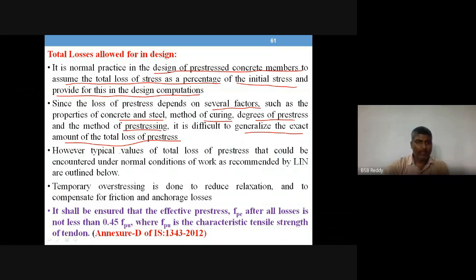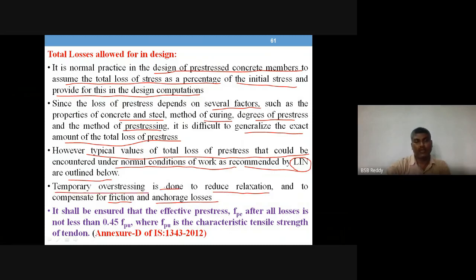However, typical values of total loss of pre-stress that could be encountered under normal conditions of work, recommended by Lin, are given in tabular form to follow, that we will see. And to avoid or to reduce relaxation loss, friction, anchorage slip, temporary overstressing is done.